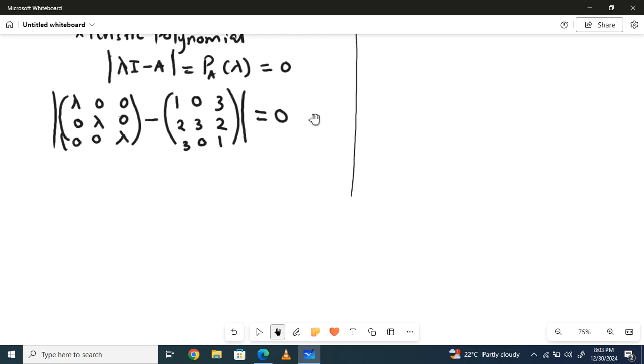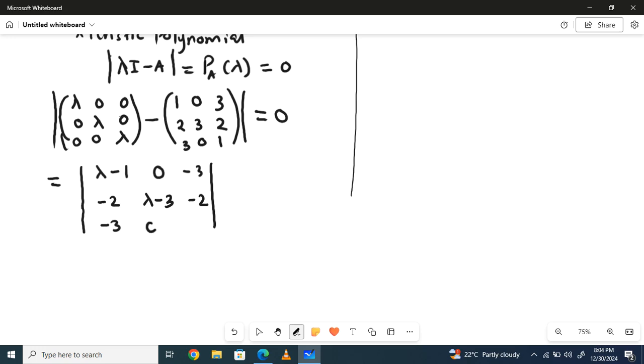We'll go ahead and get lambda minus 1, 0, 0 minus 3 is negative 3, and then we will have negative 2, lambda minus 3, negative 2. We will have negative 3, 0, lambda minus 1. So let's just do that again. We will have lambda minus 1 equals 0.